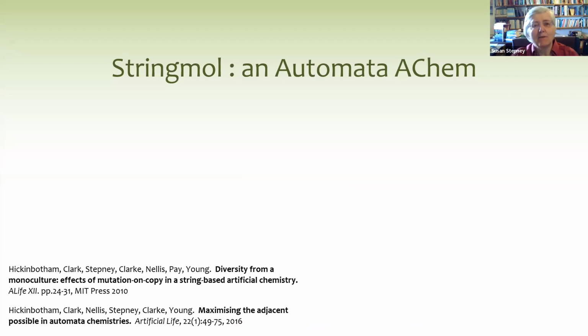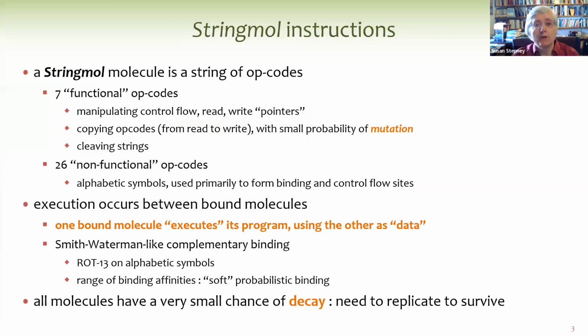The automata chemistry I'm going to be talking about is Stringmol, which we've been developing for a while now. In this automata chemistry, each molecule is a little string of assembly language instructions, a string of opcodes in an especially designed language.